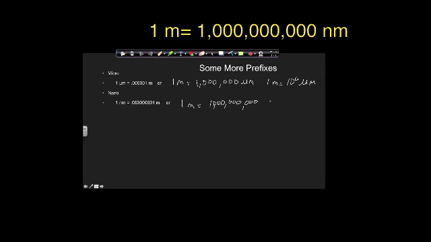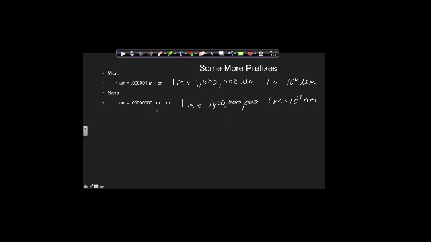Or I could say 1 meter is equal to 10 to the 9th nanometers. These are two that you kind of just have to know. You can't really use a saying to figure out what it is. You just have to memorize it.